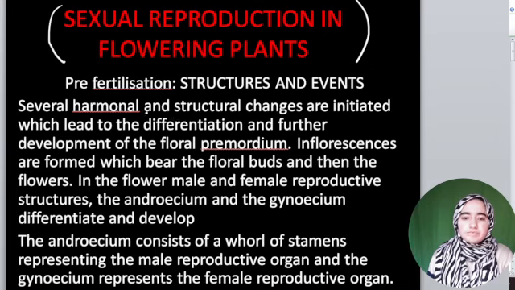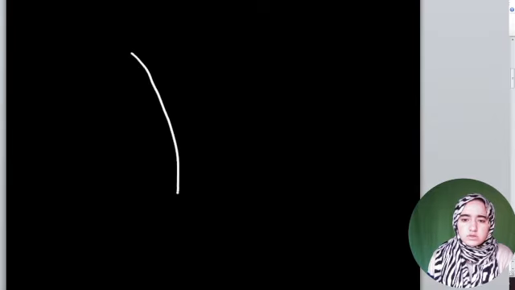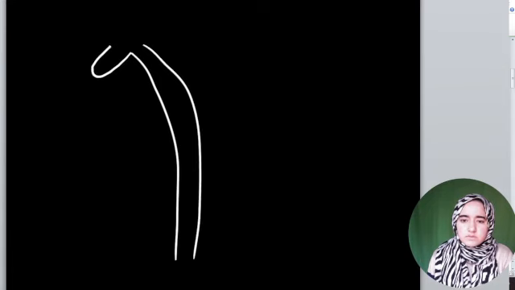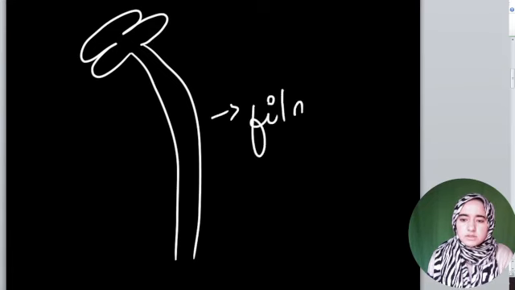First of all, I already mentioned, I'm mentioning again, I'll just draw the structure. This is the filament, this is the bilobed anther.